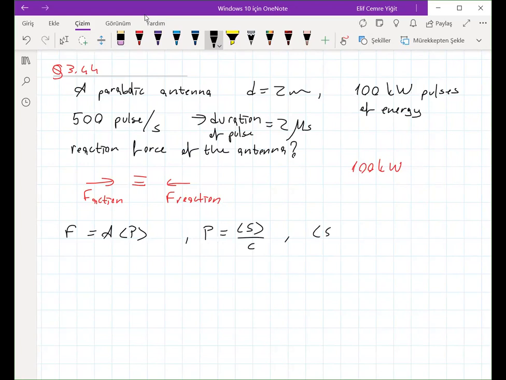And for S equals I, we will use P over A times 500 pulses per 1 second, right? And each will last for 2 microseconds, which is 10 to the minus 6 seconds.